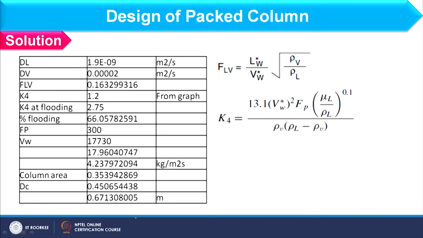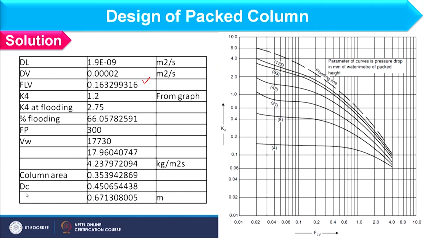Next we have to find out the column diameter, and for that we should see the value of K4 from the graph, and for that I should know the FLV value, which we can calculate from this, right. Once I have the FLV value, which is equal to 0.16, somewhere here it will lie, and 42 is the value.